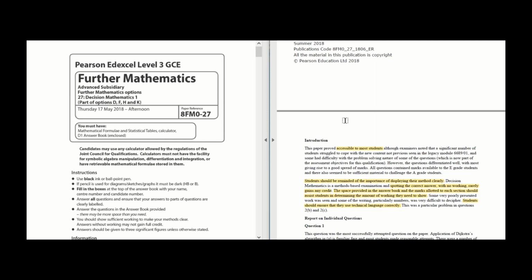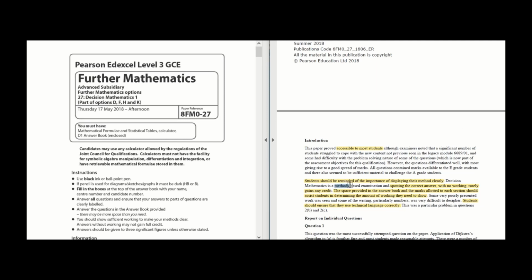One thing that was pretty clear to the examiners was that students should be reminded of the importance of displaying their method clearly. In a module like this, the reason that's important is because of this statement over here.